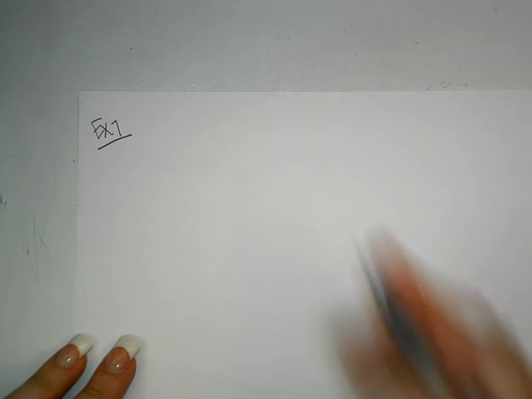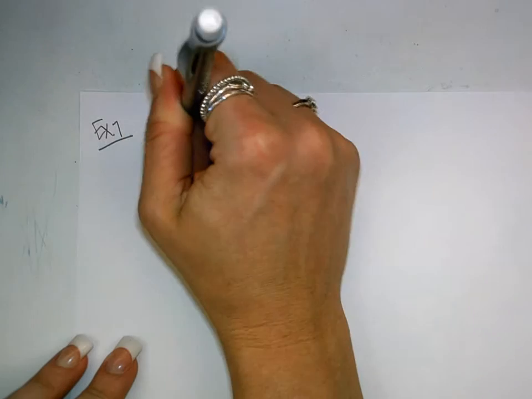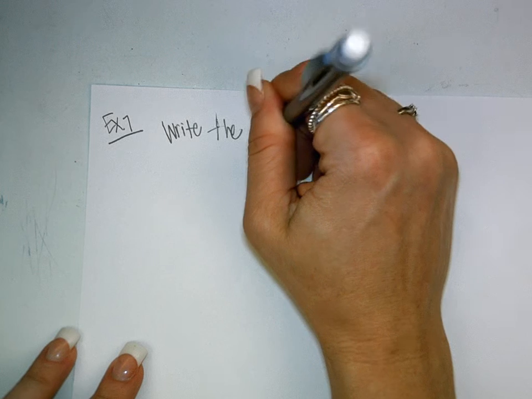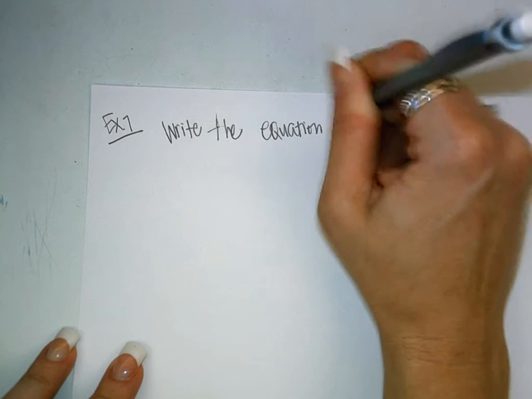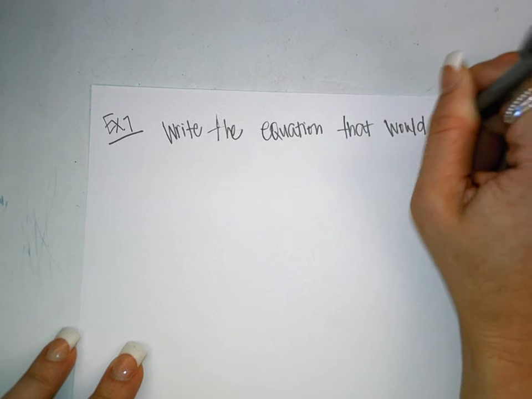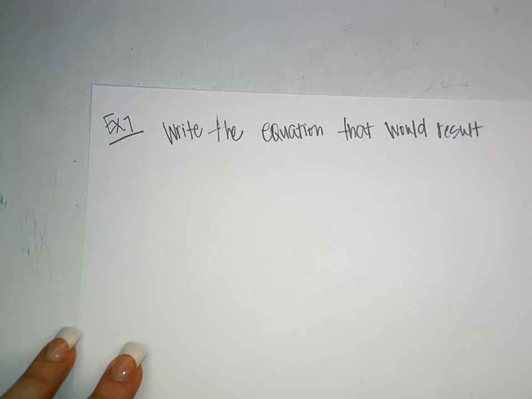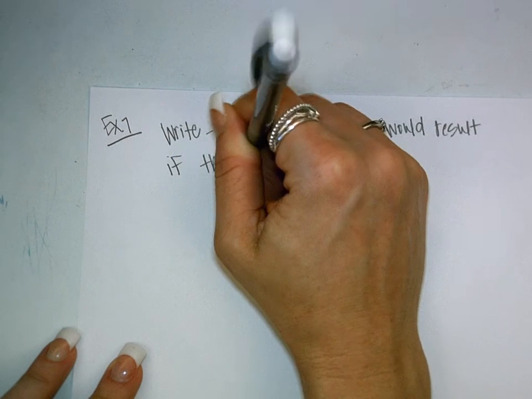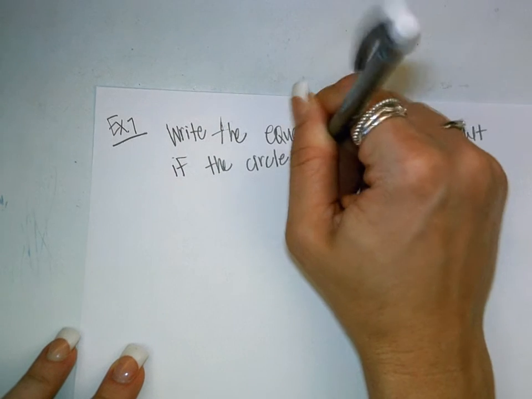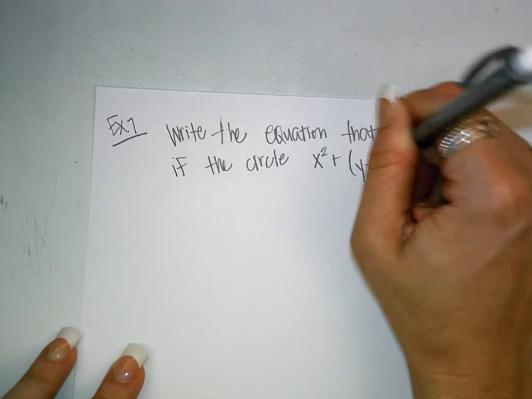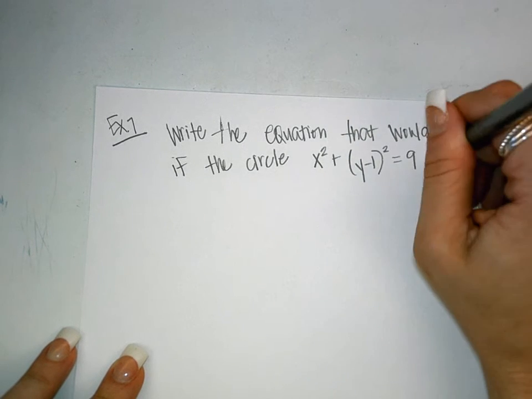For example number 7, I want you to write the equation that would result if the circle x² + (y − 1)² = 9 is translated.